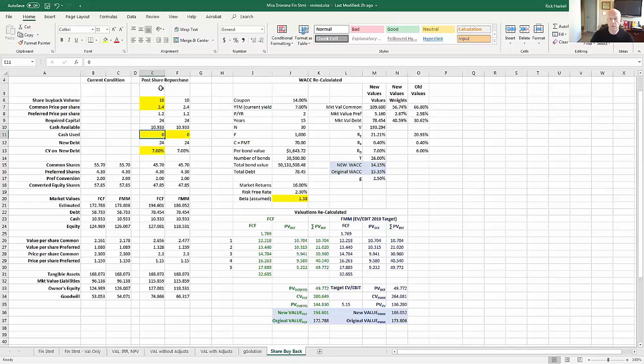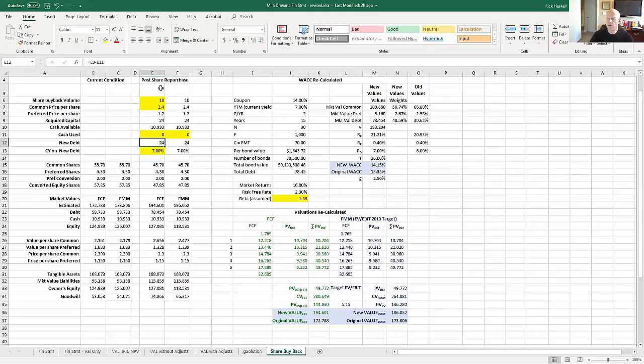Maybe I would agree that we only need $5 million of that. So I'll go ahead and say we'll use $5 million of cash to help us effect this purchase. And when I do so, notice that it changes the dollar amount of the debt that we're going to have. And that then obviously is a WACC issue as well. But as I said, we're going to model this one as though we're borrowing the money.